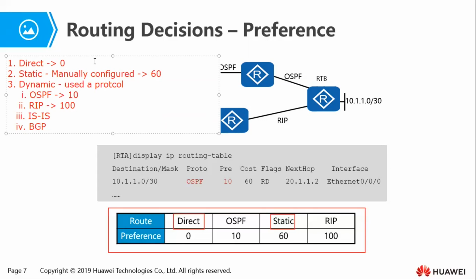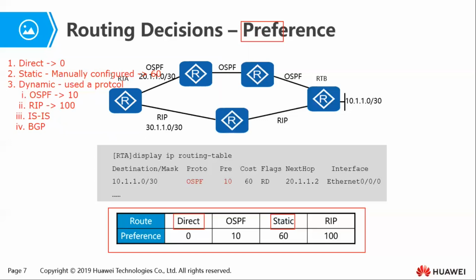You might need to be aware that these preference values might differ from vendor to vendor. This is what Huawei uses. Another vendor like Juniper might be using a totally different preference scheme for each of the protocols. What you need to understand about the preference is that the route that has been learned using the protocol with the lowest preference value is the one that is preferred as the optimal route.